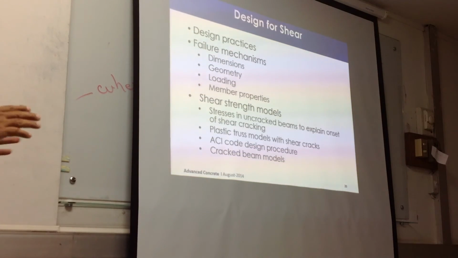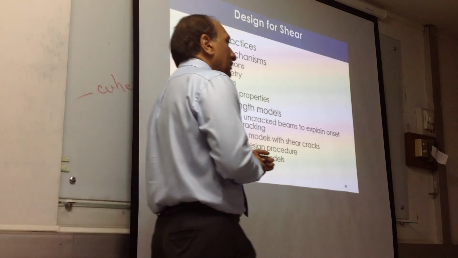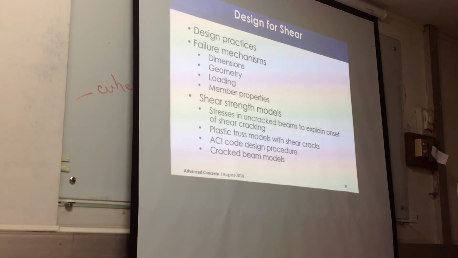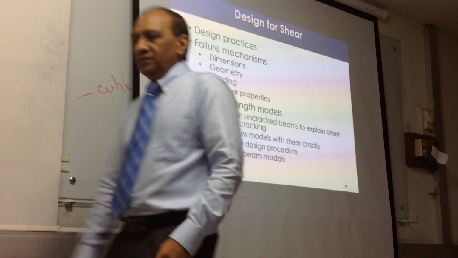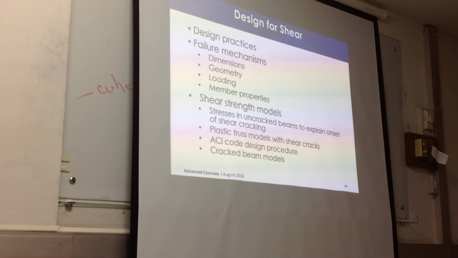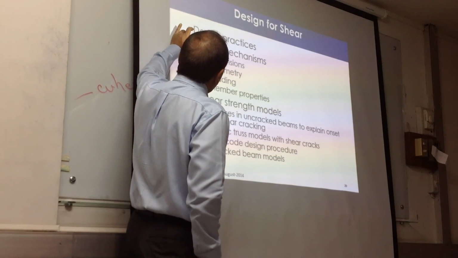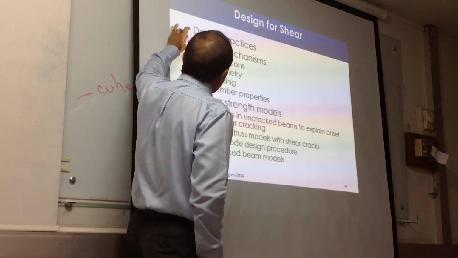However, lucky for us, the codes come to our rescue again and make things simple for us. Sometimes simple, sometimes complicated. Design for shear is simplified to some extent. First of all, failure mechanism.